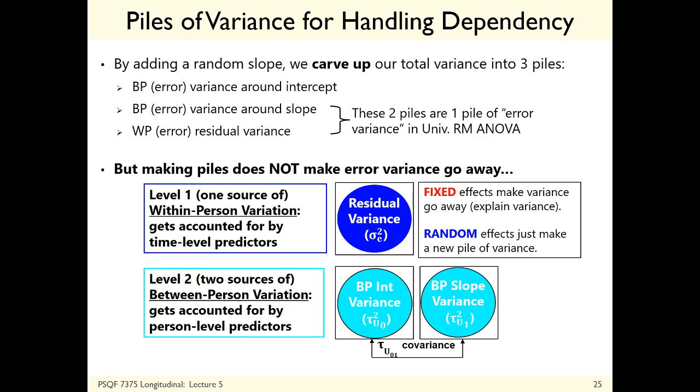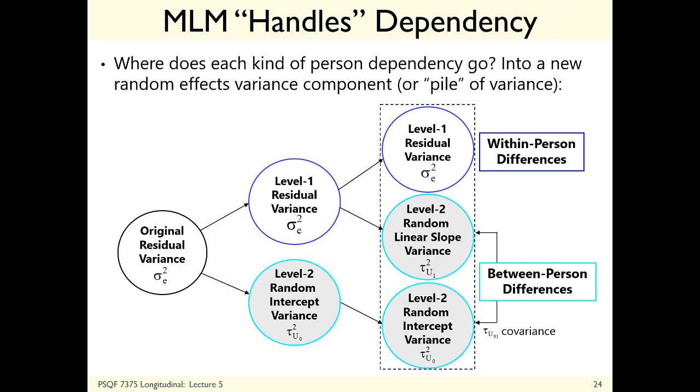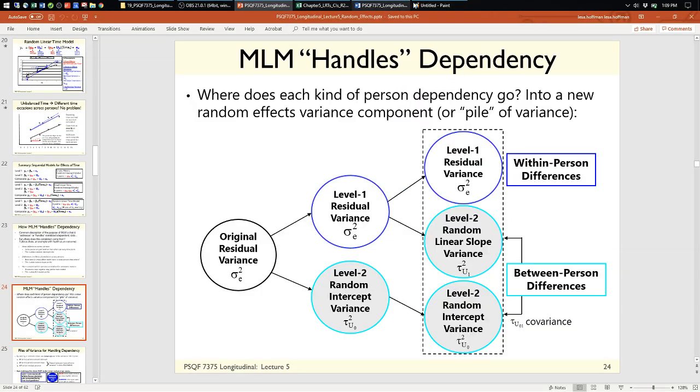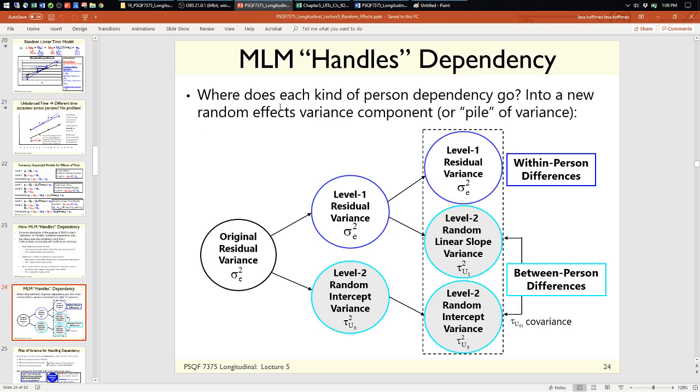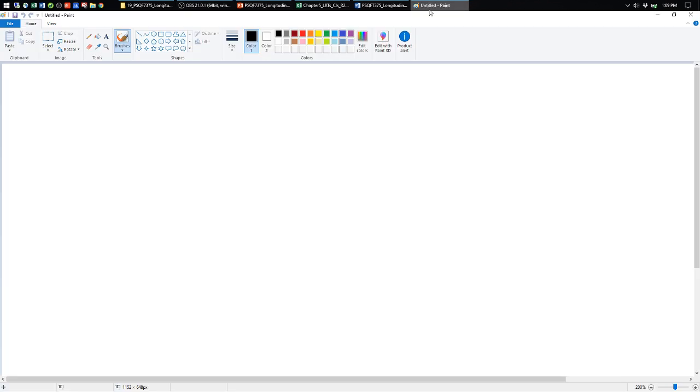There was a question after class about intraclass correlation and when you calculate it and when you don't. Conventionally, intraclass correlation is only calculated from an empty model. So at this first step, we figure out how much is level 2 relative to total. Let me do a paint example here.